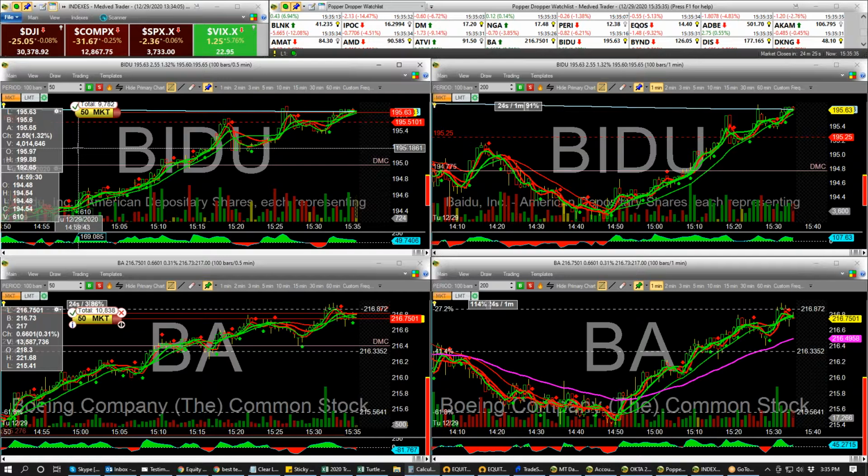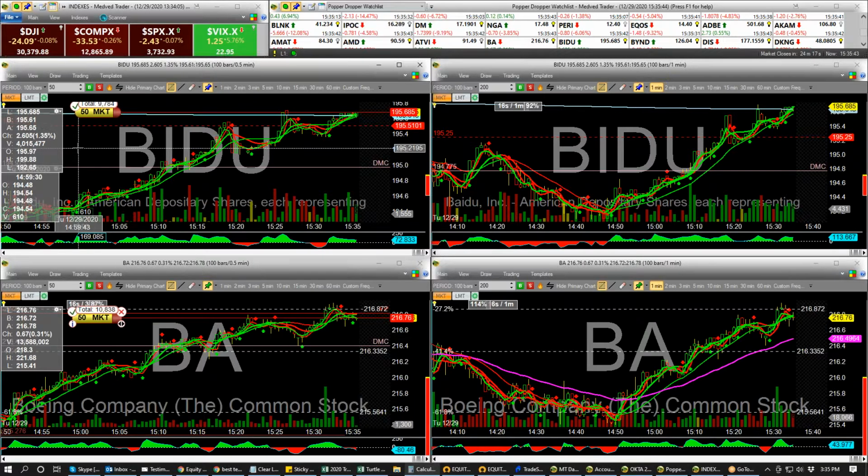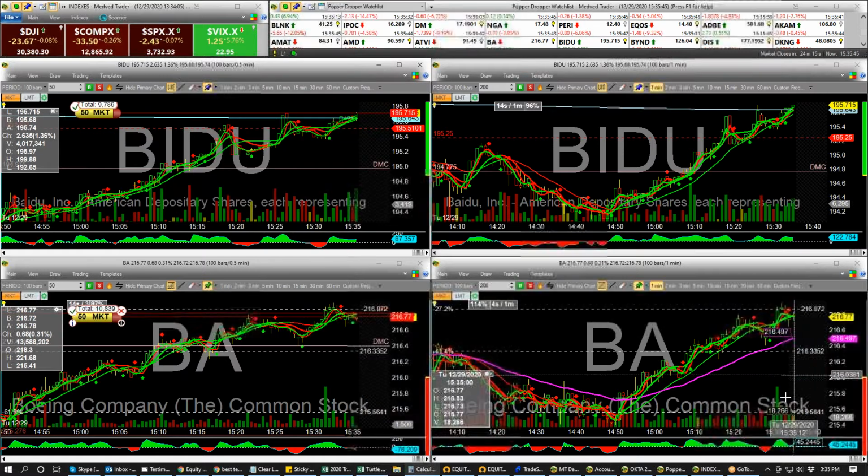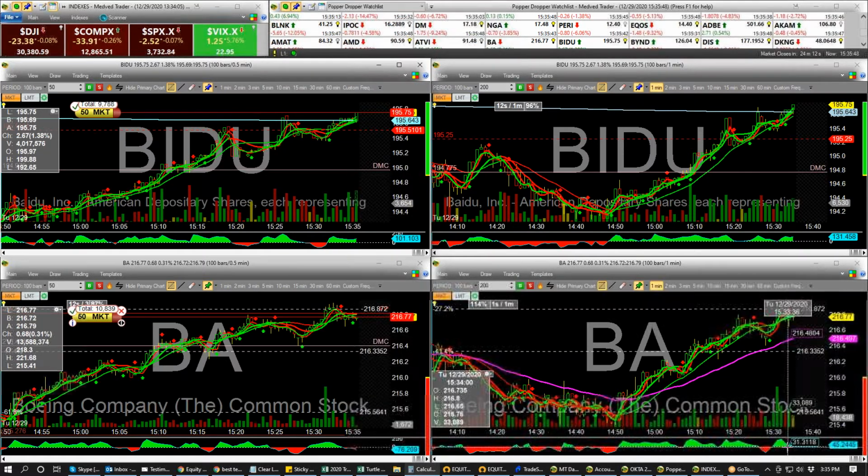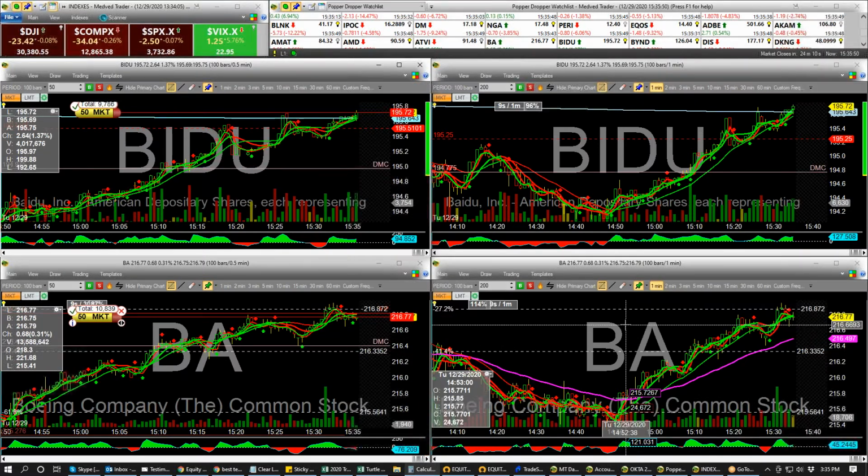They're both at good spots for risk to reward because we know where our stops go. I want to see if the 1 minute moves into the red. So Baidu is actually breaking VWAP.